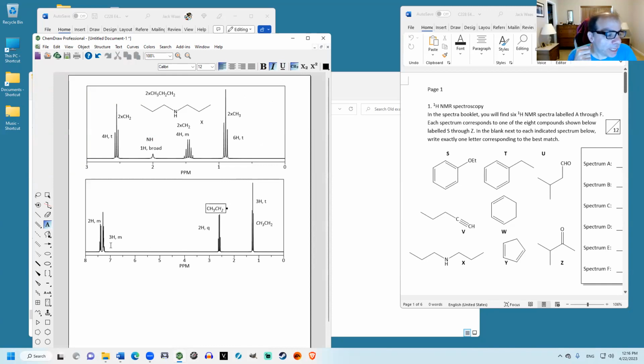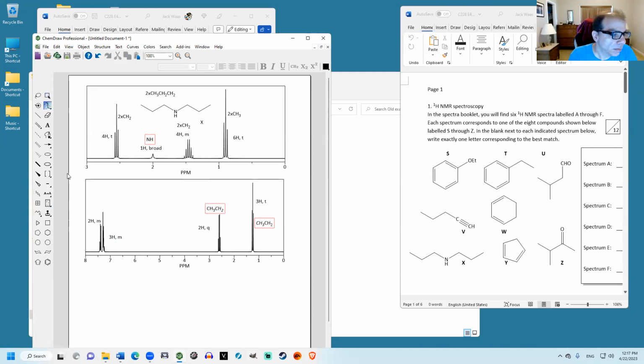We also have a 3H resonance and a 2H resonance down in the aromatic range. But let's not be so fast to call that a CH3 and a CH2. Because again, 7.5 parts per million, you're looking at hydrogens that are in the aromatic range. And we have a total of 5 of them. So that speaks to me of a monosubstituted aromatic ring.